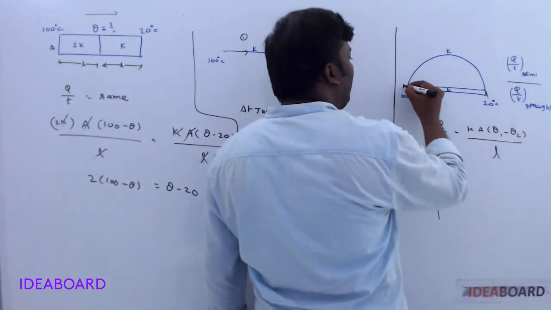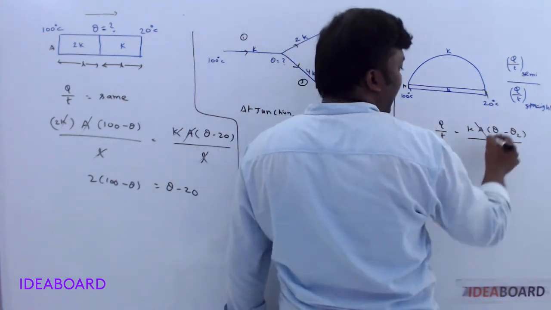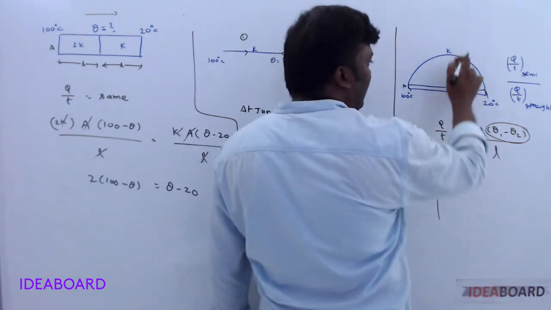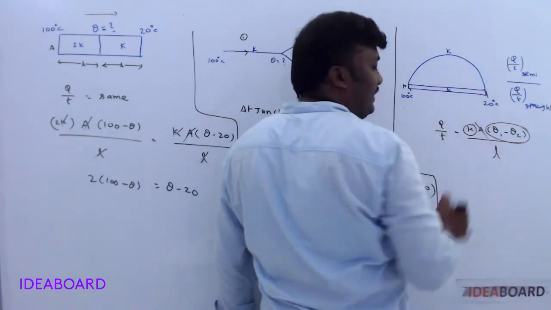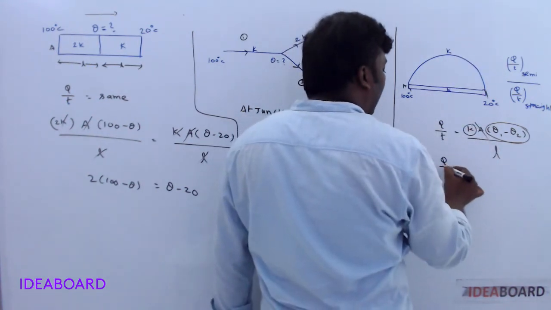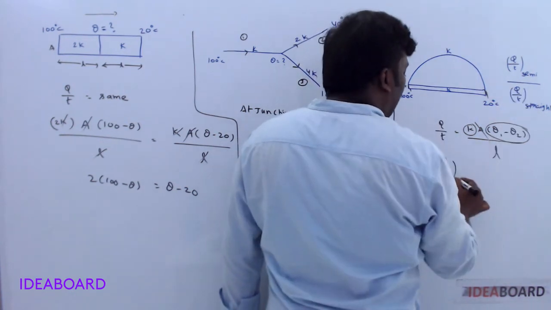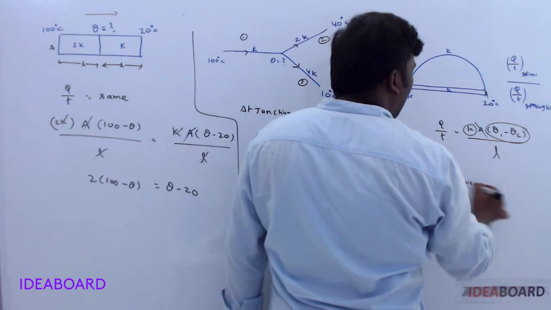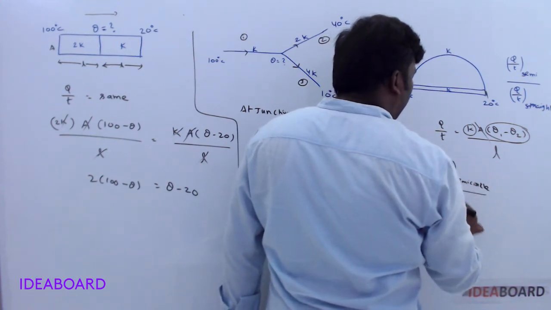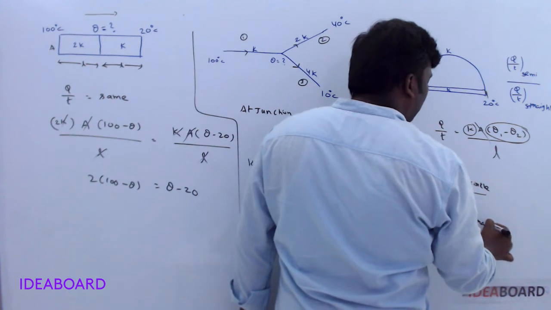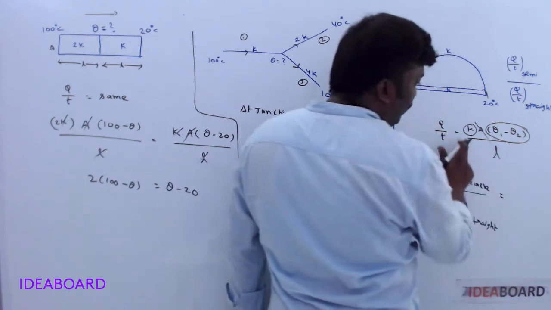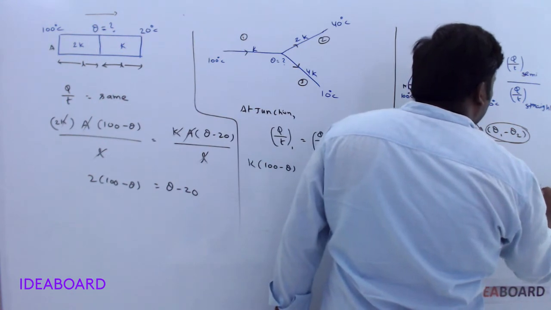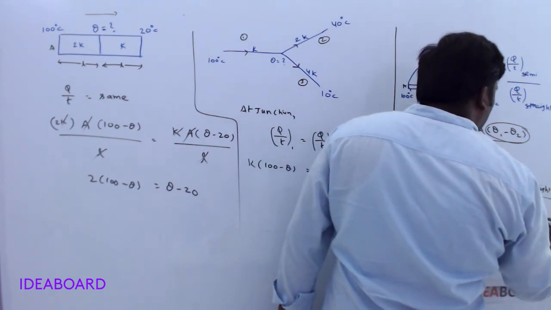Here the area of cross section of both of them is the same, so A cancels. The temperature difference remains the same for both, and both are made of the same material, so K also remains constant. So Q by T of the semicircle by Q by T of the straight wire is inversely proportional to length, that is L straight wire by L semicircle.